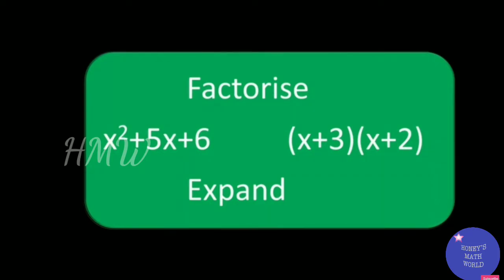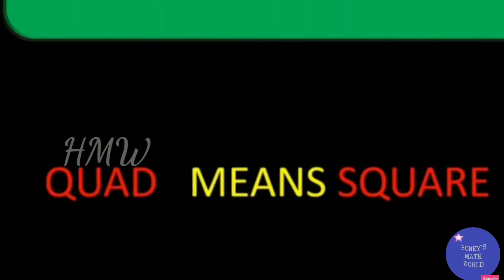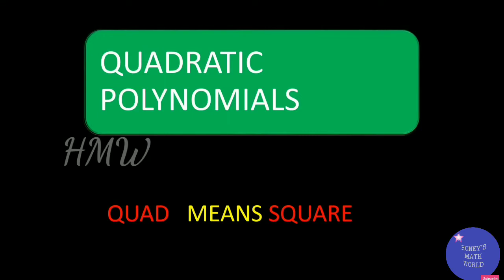Now we are going to see the factorization of a quadratic polynomial. The name quadratic comes from the word quad, meaning square, because the variable gets squared in this. Let us see the general form of a quadratic polynomial.